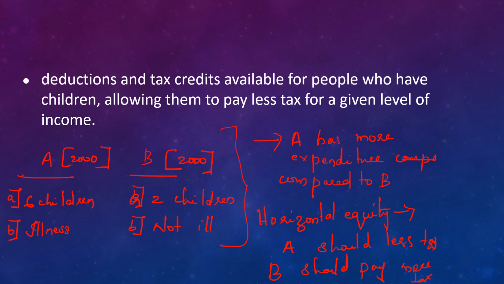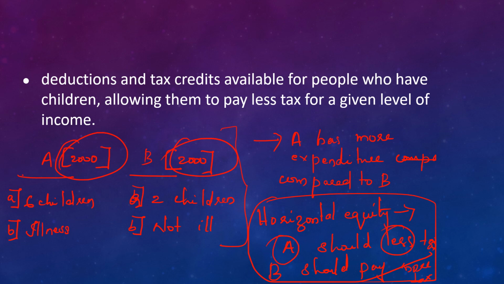Remember, both have the same income, 2000 here, 2000 here. But as per the situational factors, since A has more expenses, especially necessary expenses, we go for horizontal equity, which makes A pay less tax and B comparatively more tax. So deductions and tax credits are available for people who have children, allowing them to pay less tax for a given level of income. That is it.